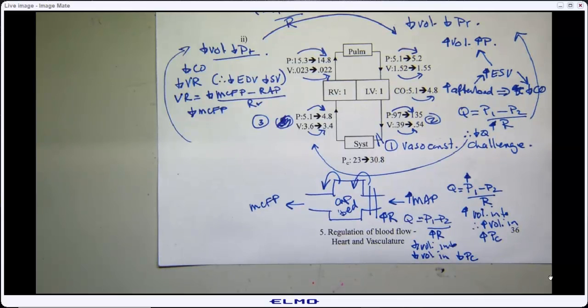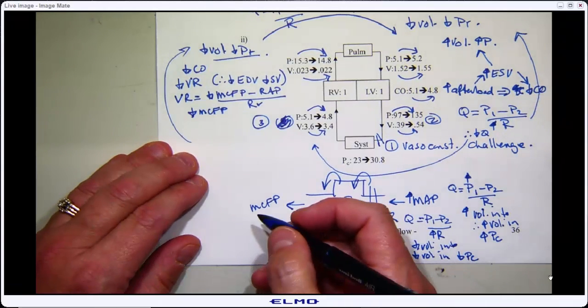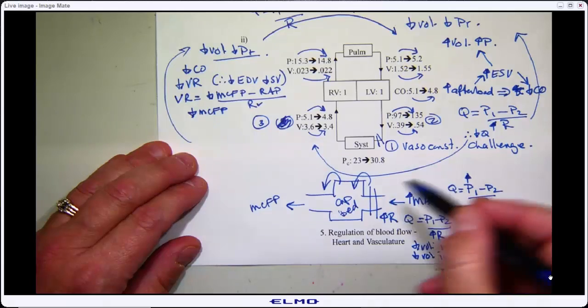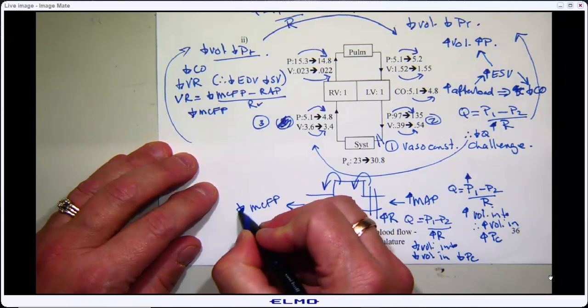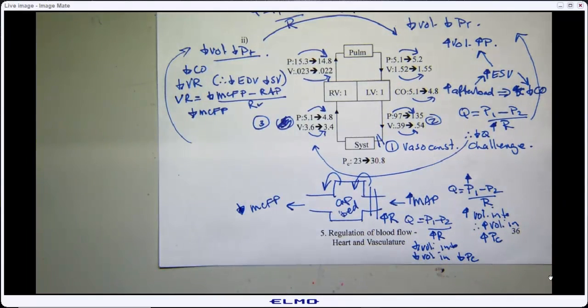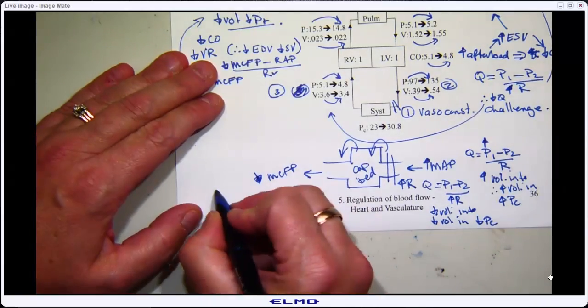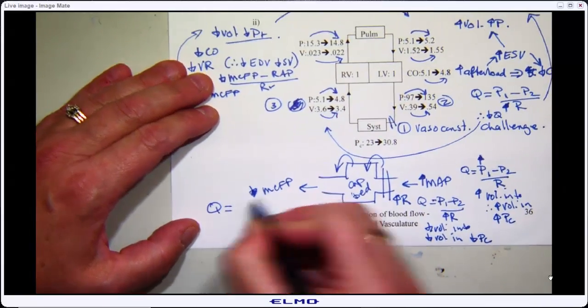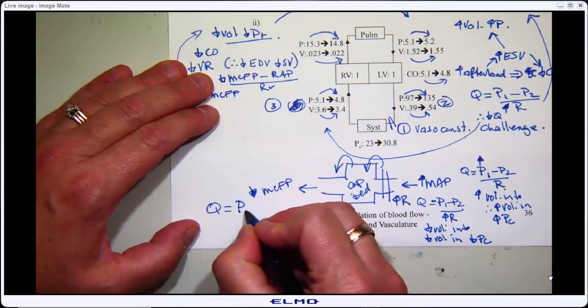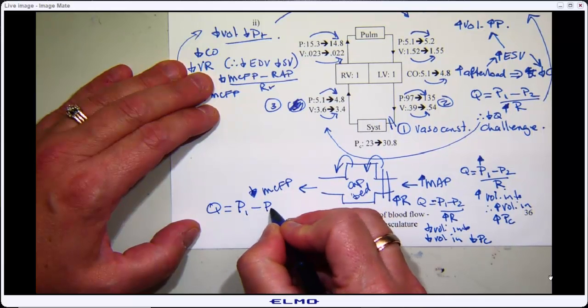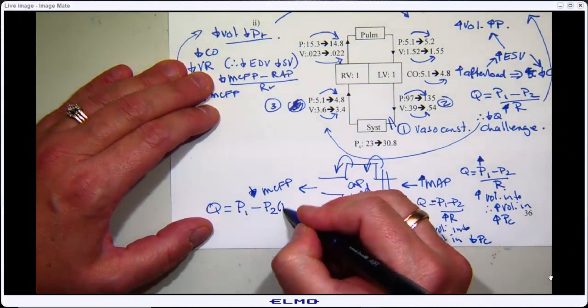Okay, those are our two things that influence volume into. Right, volume out of. What happened? Oh, decrease mean circulatory filling pressure. So volume out of is, since now P1 is in the capillaries and P2 is the mean circulatory filling pressure, just dropped it.